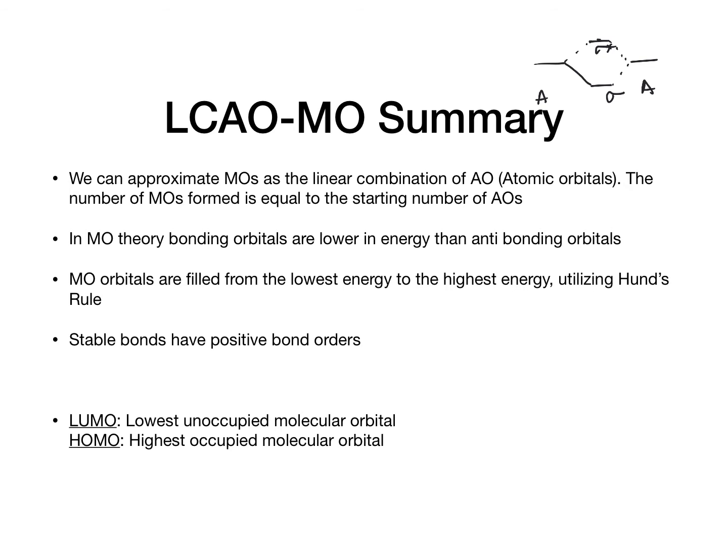In molecular theory, the bonding orbitals, the sigma, or in the next part we'll talk about pi bonds, are lower in energy than antibonding orbitals.